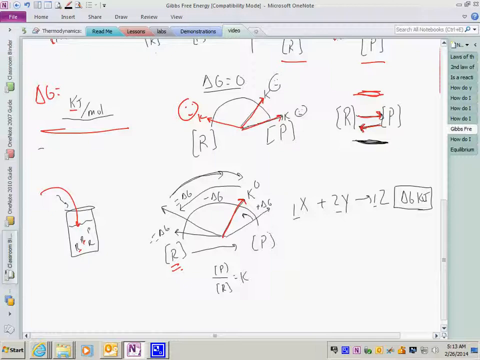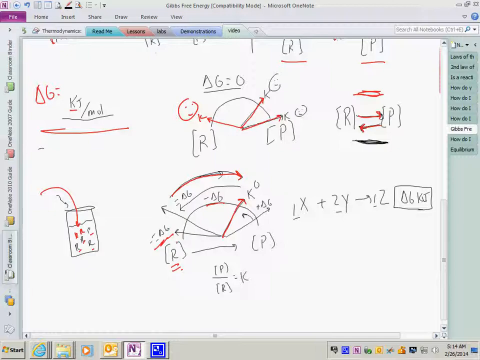I have mostly reactants, very few products. My delta G now becomes negative because I will flow to the right in order to get back to my end point. As I pull back farther and farther, meaning I add more and more reactants, my delta G gets bigger and bigger negative-wise.